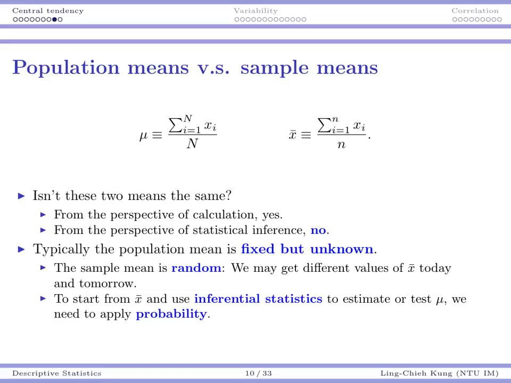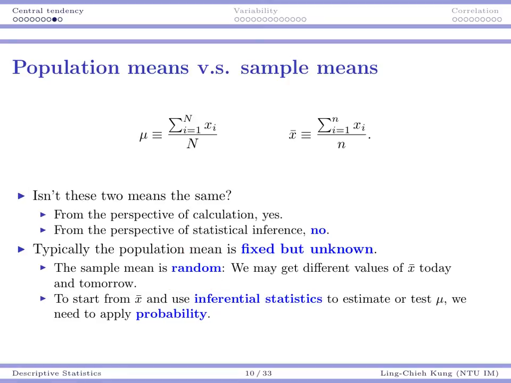So that population mean is just fixed, but unknown to us. So we would like to randomly select a few students and calculate the sample mean, the average height of all the randomly selected, let's say 100 students. That sample mean is actually random. So this is really different from the population mean.